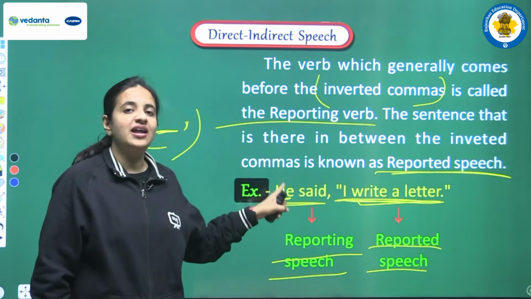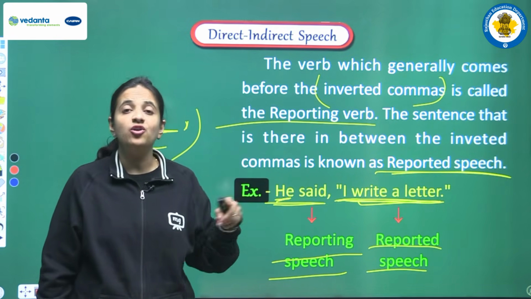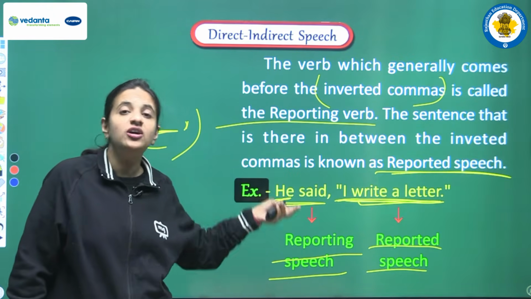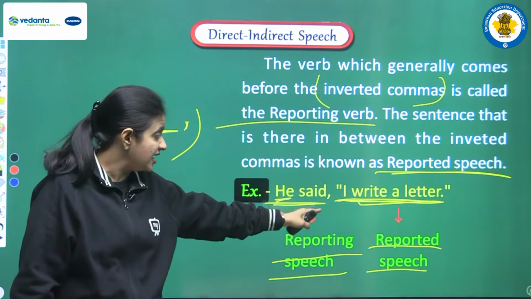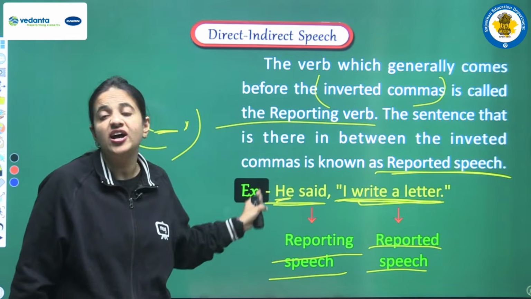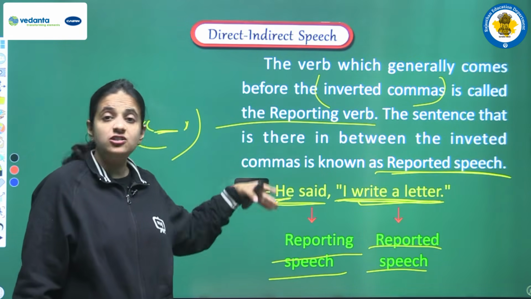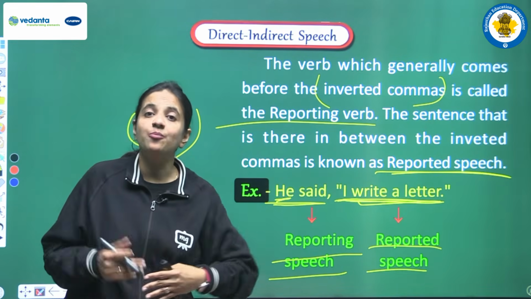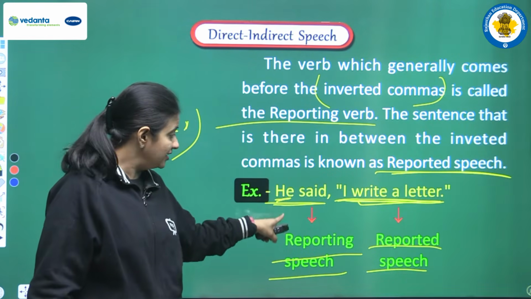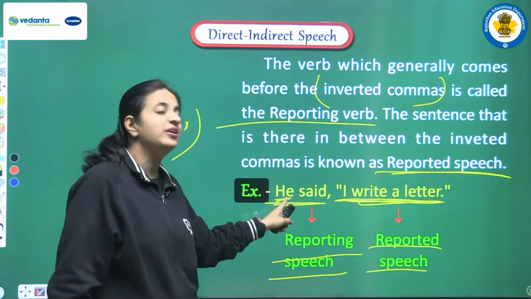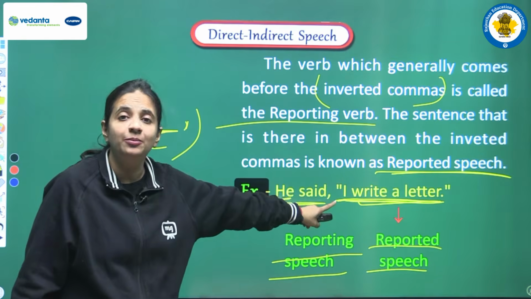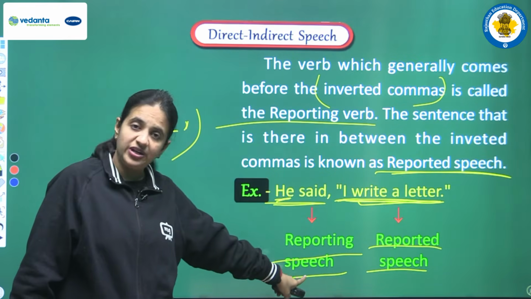In this example "he" is an example of a pronoun. In place of a pronoun we can have a noun also, like the teacher said, Ramesh said, Radha said, or the student said. So we can have a noun and we can have a pronoun, but ultimately we have the name of the speaker and one verb. That part is known as reporting speech.